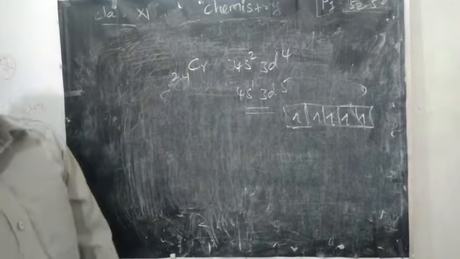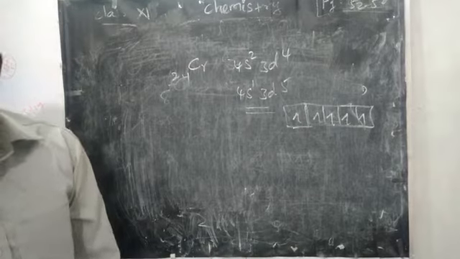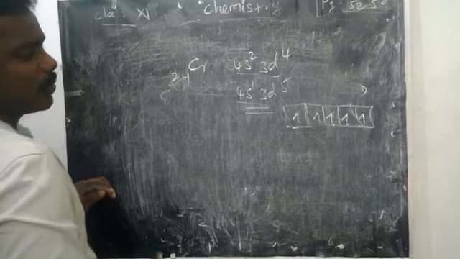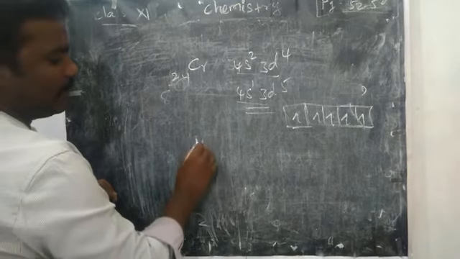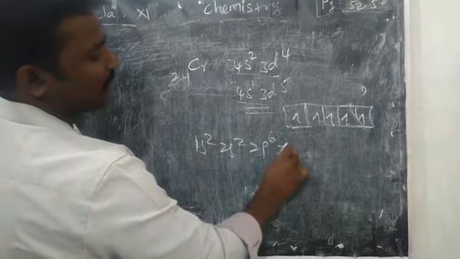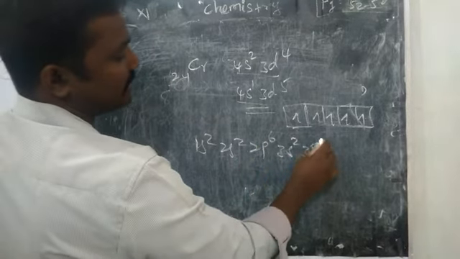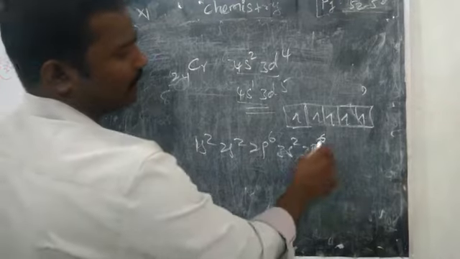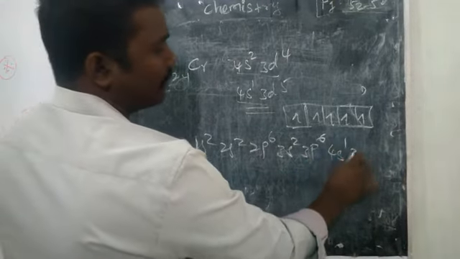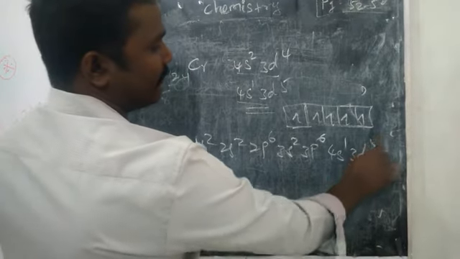So the electronic configuration for chromium, you should write 4s1 3d5. I will write the complete one: 1s2, 2s2, 2p6, 3s2, 3p6, next to that 4s1 3d5.